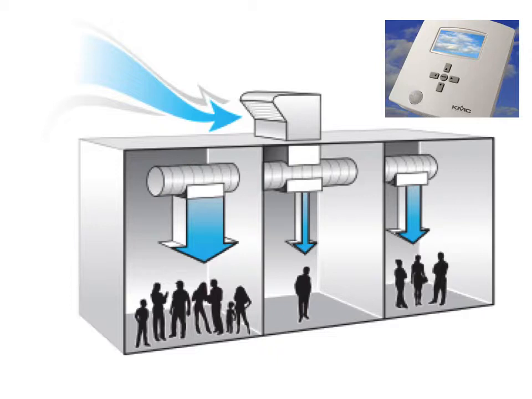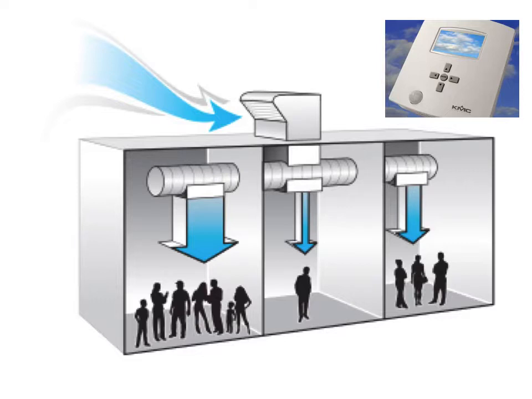So if we have a densely occupied space like a meeting room or a classroom or a theater where we have a lot of people exhaling at once, we can use something like a CO2 sensor that's on the wall of the room, and it'll sense that, oh wow, the buildup of CO2 is pretty big in here, so we're going to bring in just enough fresh air to offset that to healthy levels again. Rather than supplying a constant amount, it's only doing it when needed.